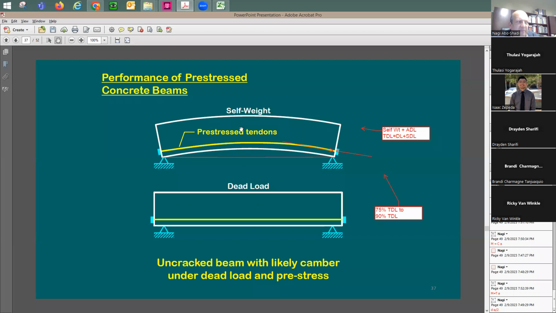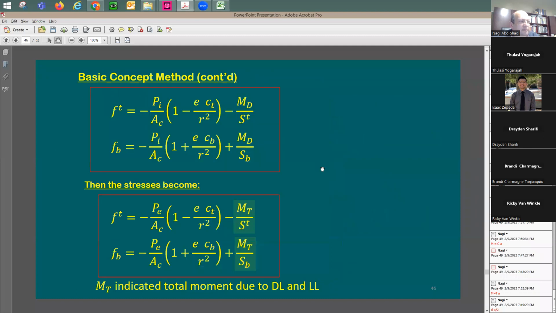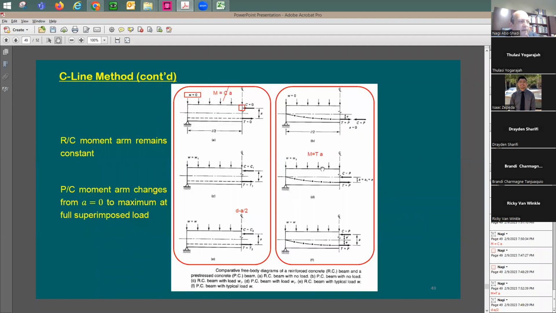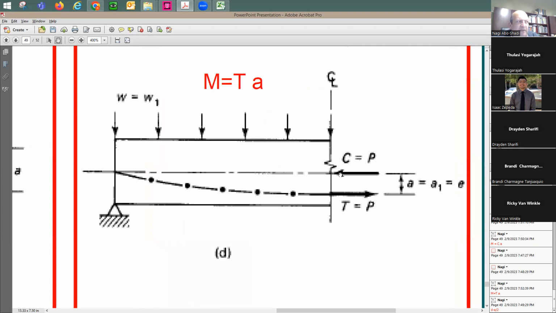At the beginning, you have the beam cambered, and then once you put the dead load, you'd like to make it flat. So this location of the force right here is going to happen when the amount of dead load is causing a deflection, and this deflection exactly equals the camber from the pre-stressing. In a case like this, the compressive force is going to be right at the centroid of the section.